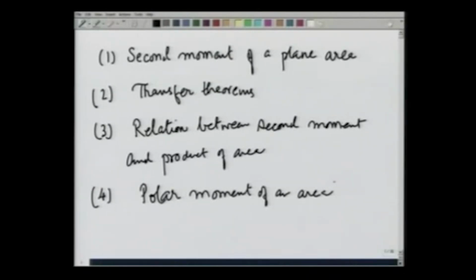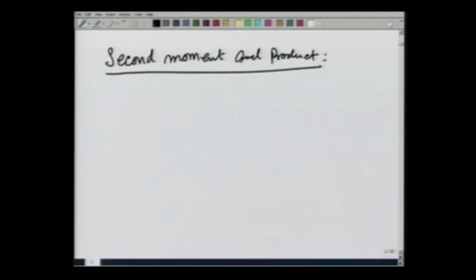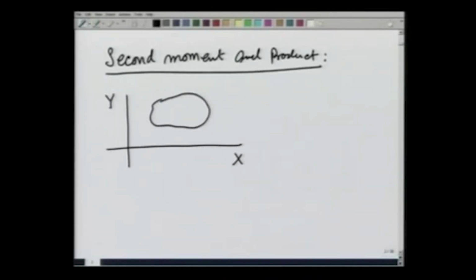So to begin with, let us define what is second moment and product of an area. Suppose I am given a plane area in the xy plane like this. This is the x-axis, this is the y-axis.